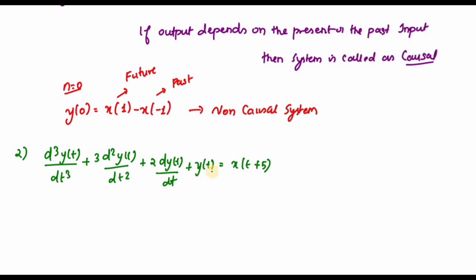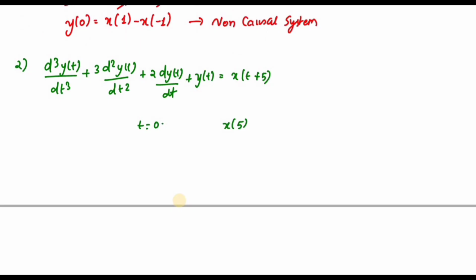Here if I substitute t is equal to 0, it will go to x of 5. So the present output depends on the future input, therefore it is a non-causal system.